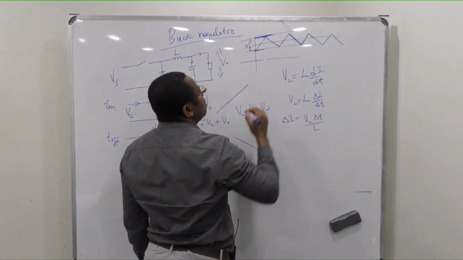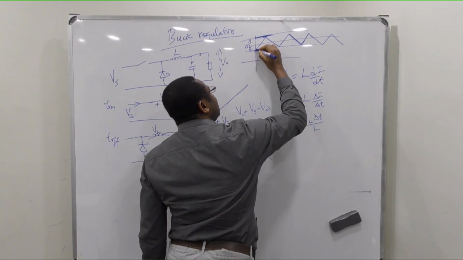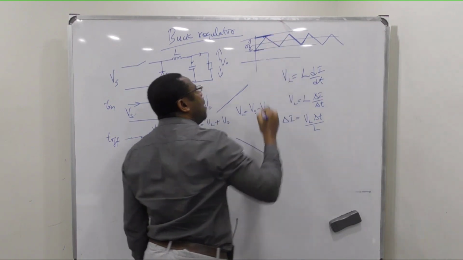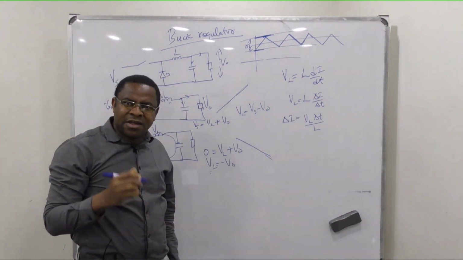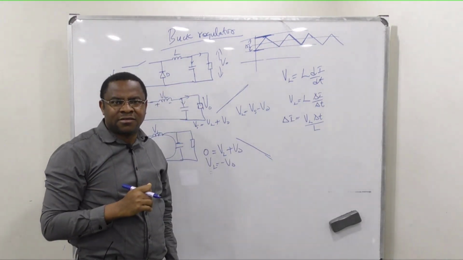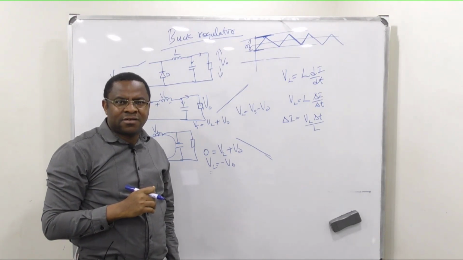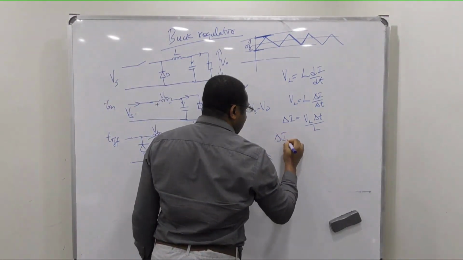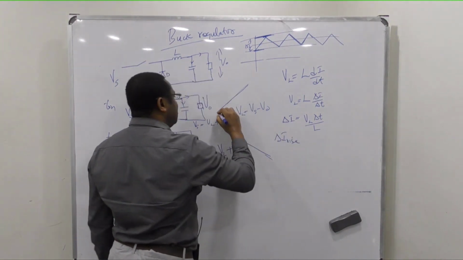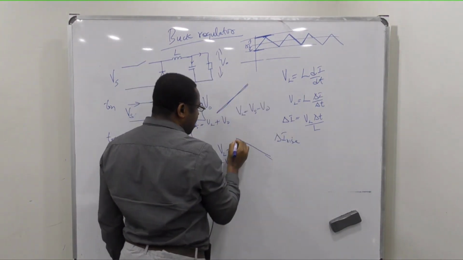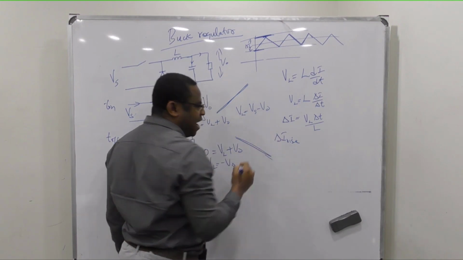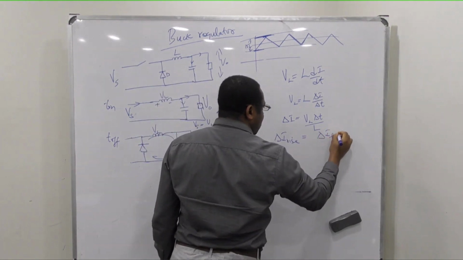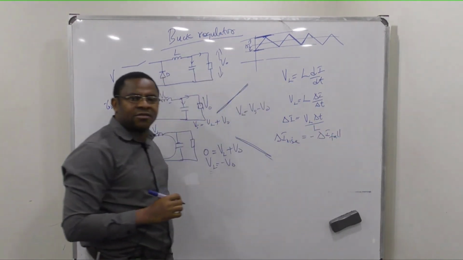So you can see that delta I rise is the same thing as delta I fall, but in the negative direction.